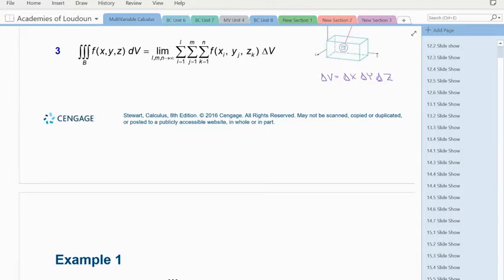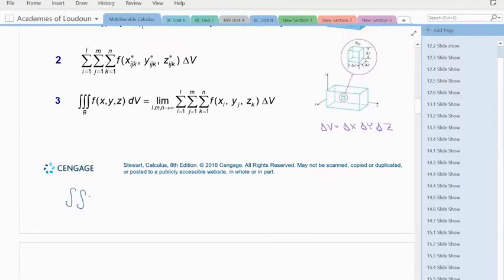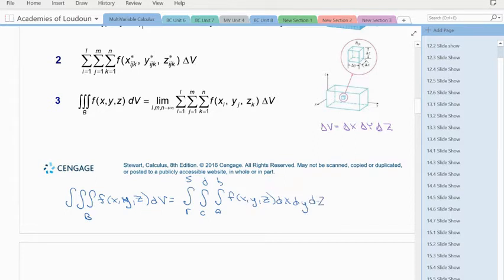And again, Fubini's theorem for triple integrals: if f is continuous on the rectangular box, then the triple integral of f of x, y, z dV is equal to the integral from r to s, c to d, and a to b of our function f of x, y, z, dx, dy, dz.